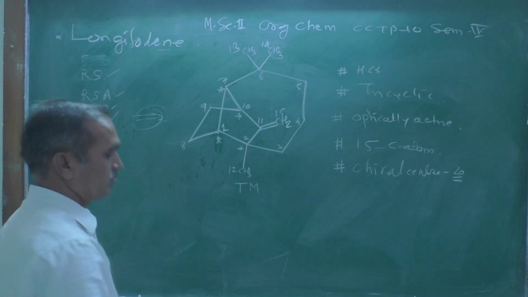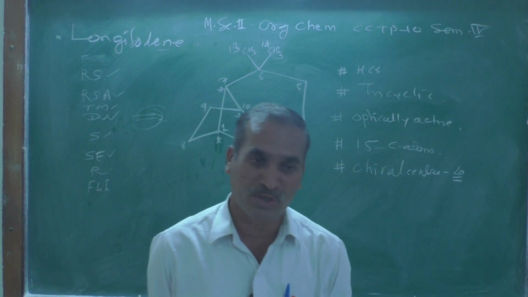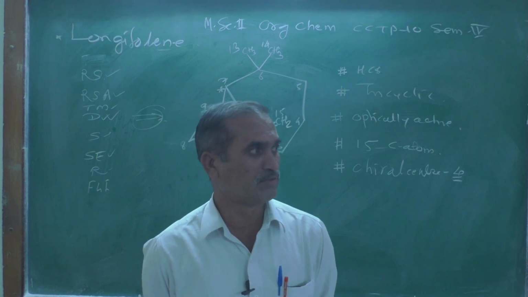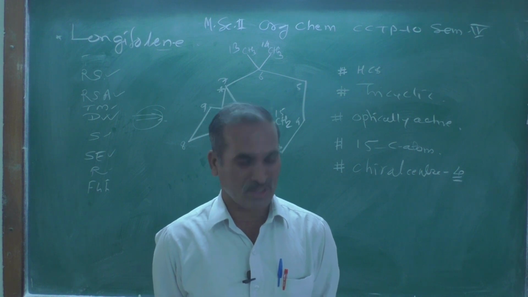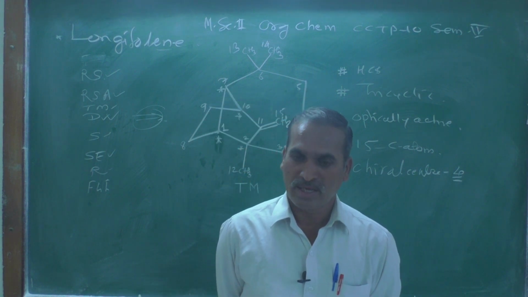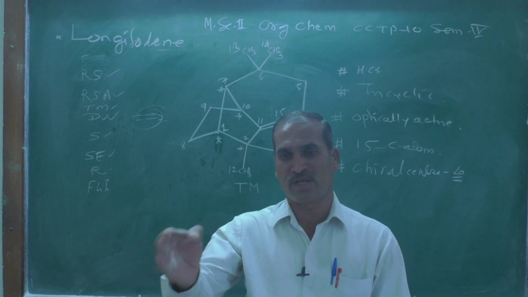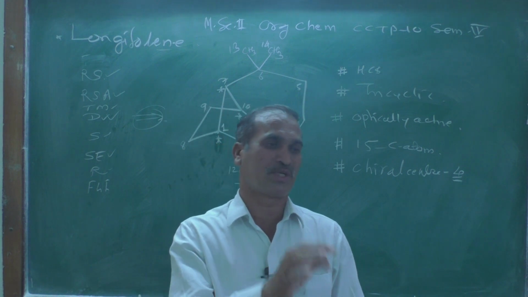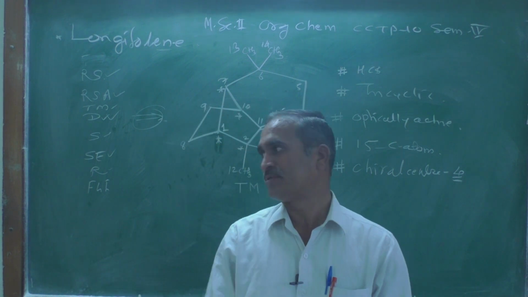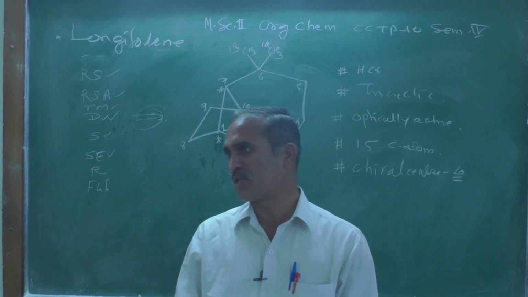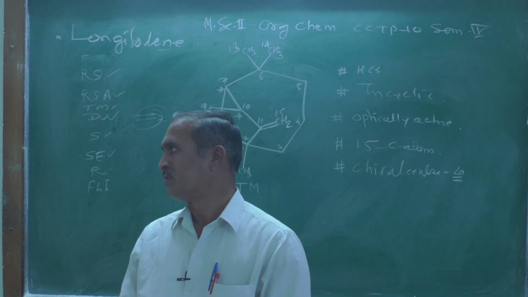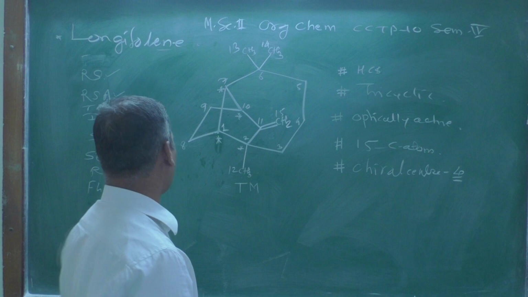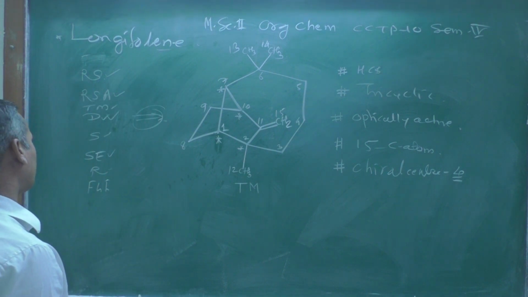Then R stands for reagent, and we have been hearing this word since 11th standard. Reagent means a compound which reacts to give an intermediate or the target molecule itself. Examples are sodium hydroxide, potassium hydroxide, malonic ester.